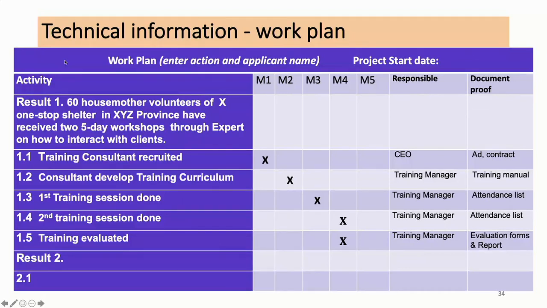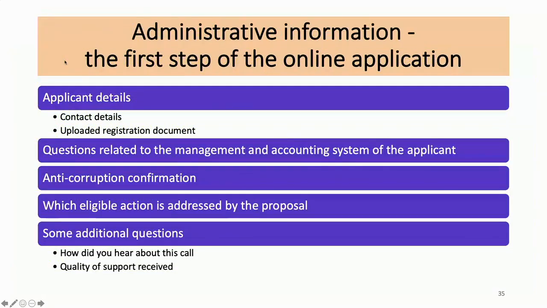Who's responsible? The training manager. And what's our evidence? The evaluation forms and a report that reflects the evaluation that was given by the delegates to this training. So here's the work plan for result number 1: 5 activities over time, responsible people, and how we will verify that these activities have been completed.